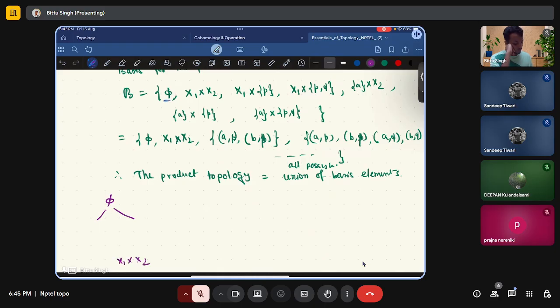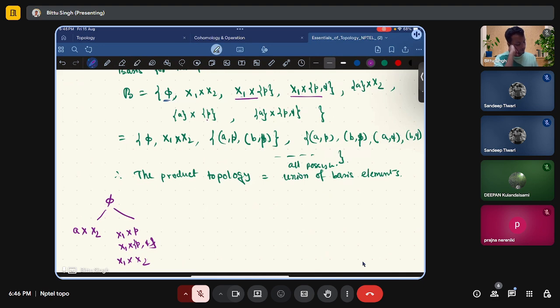It is the largest possible thing. Now x1 cross p and x1 cross pq. So what is the relation? x1 cross p is contained in x1 cross pq, right? So I am writing the containment relation. Now a cross x2. A cross x2 is not contained in here, but a cross x2 contains this and is also contained in x1 cross x2.